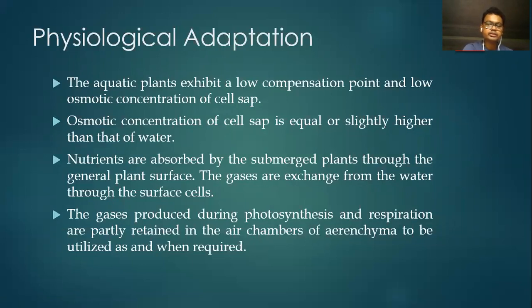So when respiration takes place, they utilize the oxygen, and when photosynthesis takes place, they utilize the carbon dioxide. These characteristics are very important for hydrophytes, and by these different adaptations, they survive in the water body.